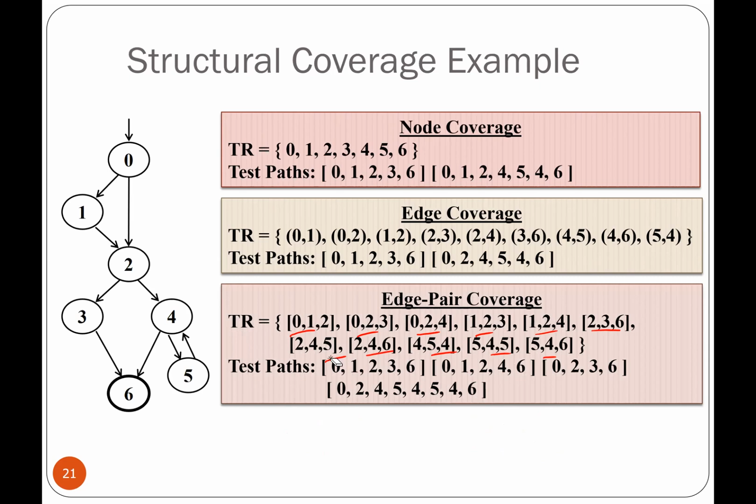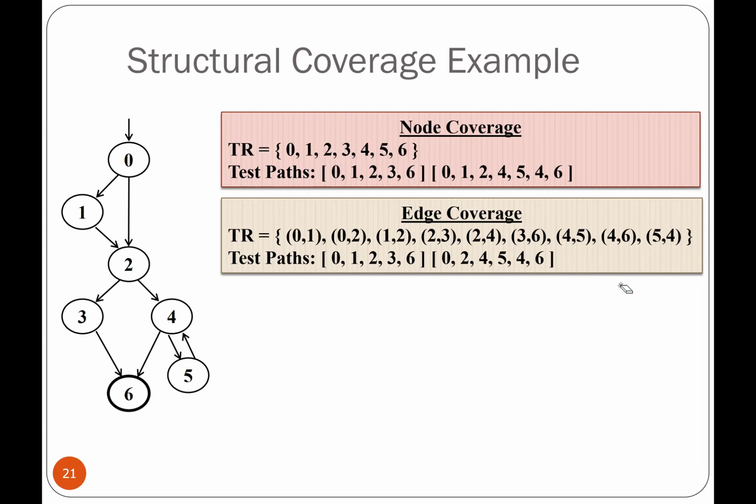All right. And then as we look at the test requirements, in order to satisfy them, how do we know we're going on the right path? By the way, before I get into the satisfaction thing, if we look at edge coverage, we were actually doing the same exercise that I was just doing with edge pairs, but with length 1.